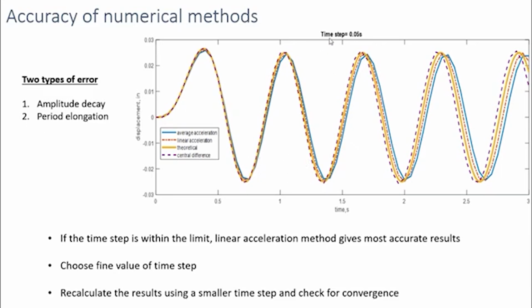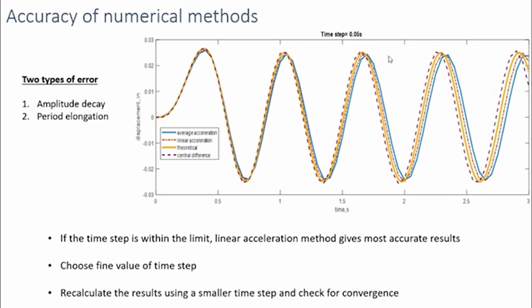Depending upon the time step chosen, the numerical response gets distorted compared to the theoretical response. The amplitude of the numerical response could be less than that of the theoretical response. That is referred to as amplitude decay. That is one type of the error, and the location of the peaks will also be different from those of the theoretical response.